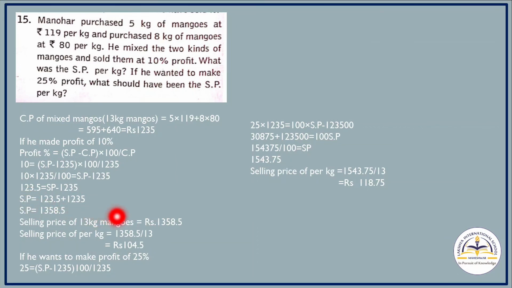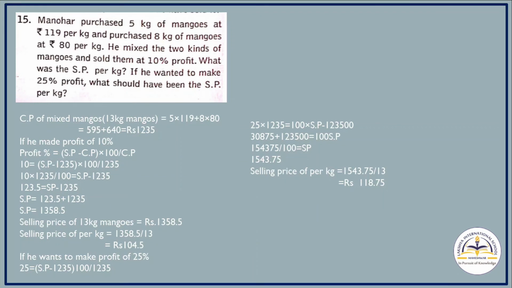So the selling price of 13 kg mango will be 1358.5. And if we have to find out per kilogram price, we have to divide by 13, and we will get 104.5.